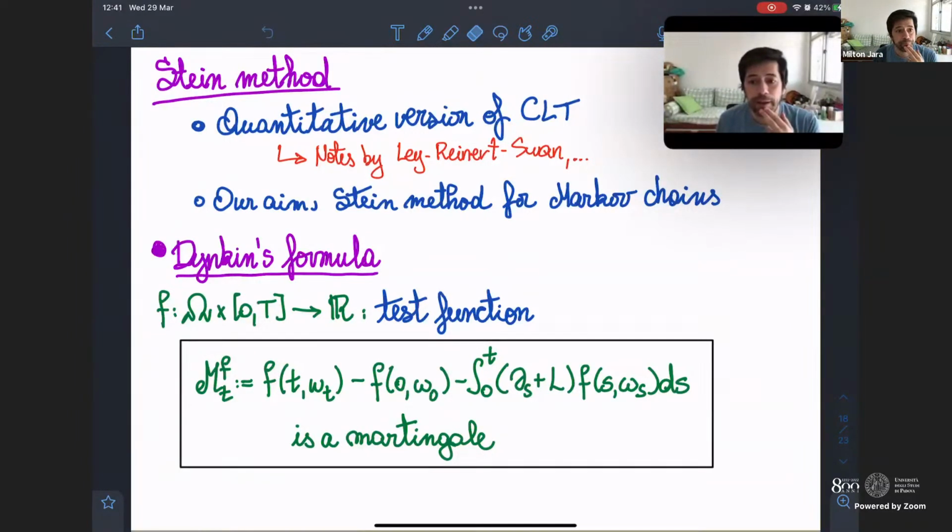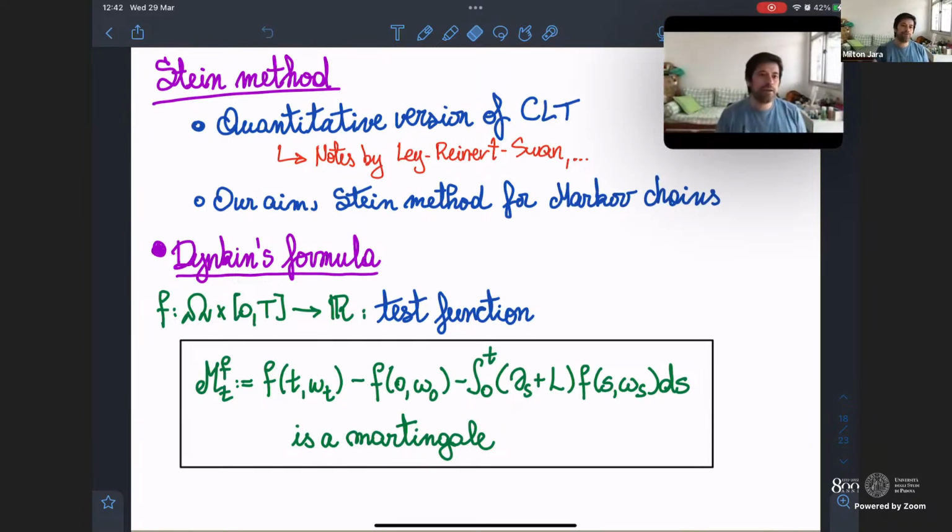But in Stein's method, it's a little bit the same. There is something called the semigroup approach, in which you have the measure for which you want to prove a CLT, and then you try to construct a Markov process or a Markov chain which has this target measure as the distribution at time t, or as invariant measure. So this is how Markov chains enter into Stein's method.